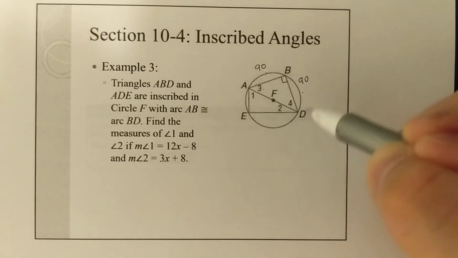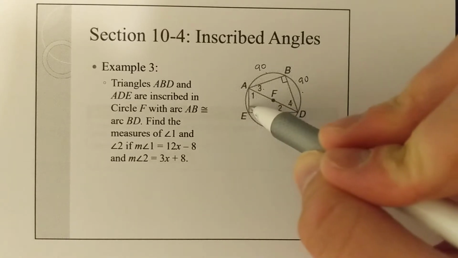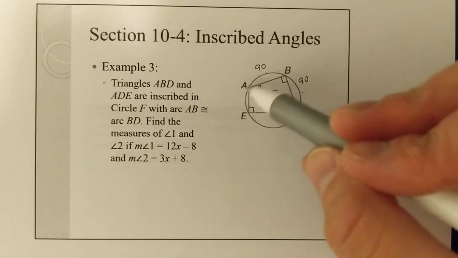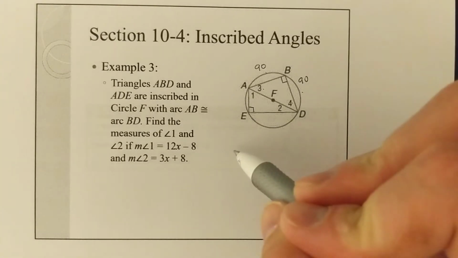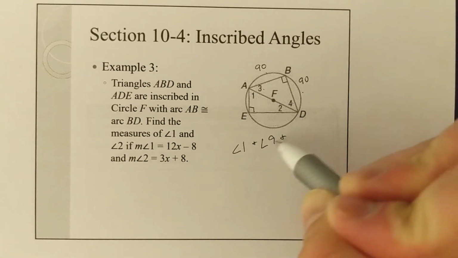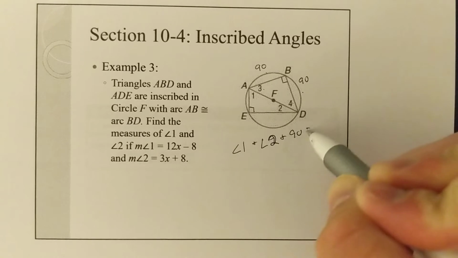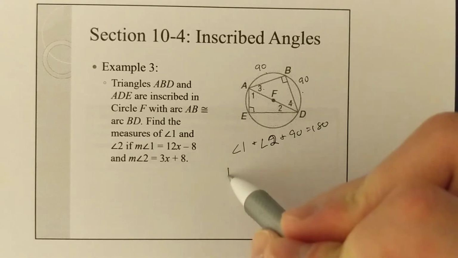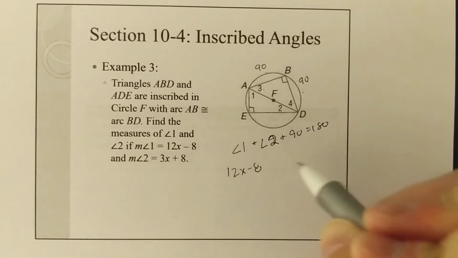Angle B here is a right angle because it's opposite the diameter. Same thing for angle E, also opposite the diameter. Now since this is a triangle, angle 1 plus angle 2 plus 90 has to be equal to 180 degrees. Angle 1 is 12x minus 8.